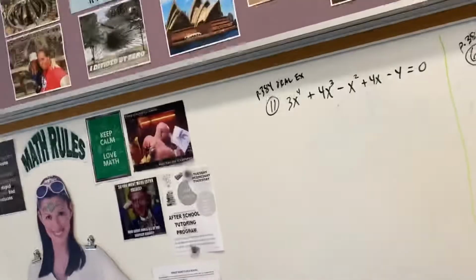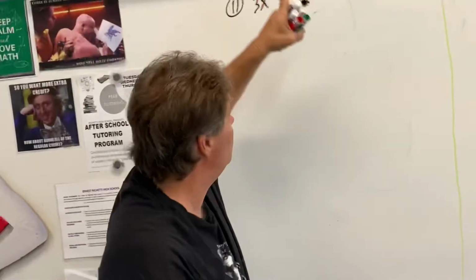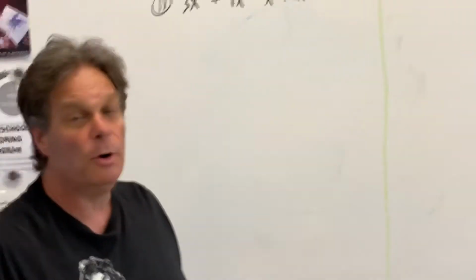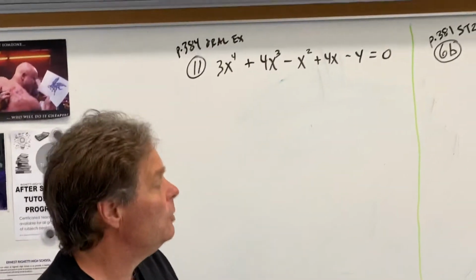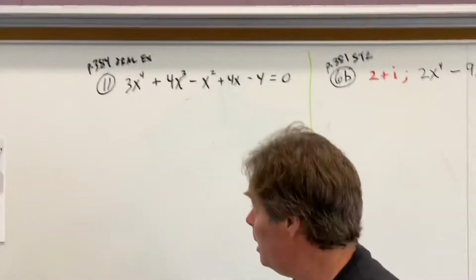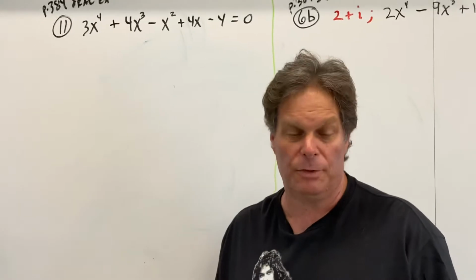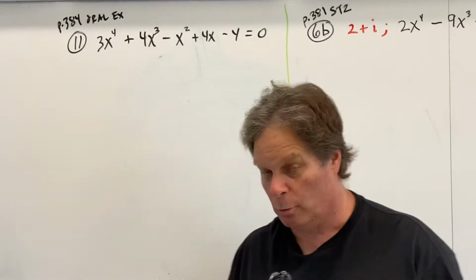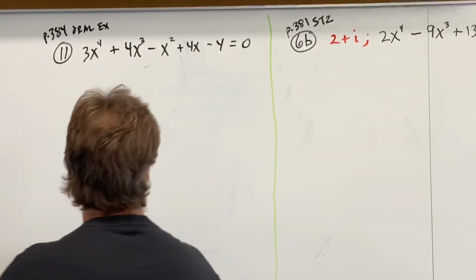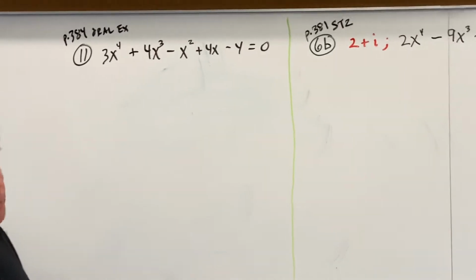First one, we're doing from page 384, oral exercises number 11. The directions were to just use the rational root theorem to find the possible rational roots. That's all there was to this problem. So here's how the rational root theorem works.